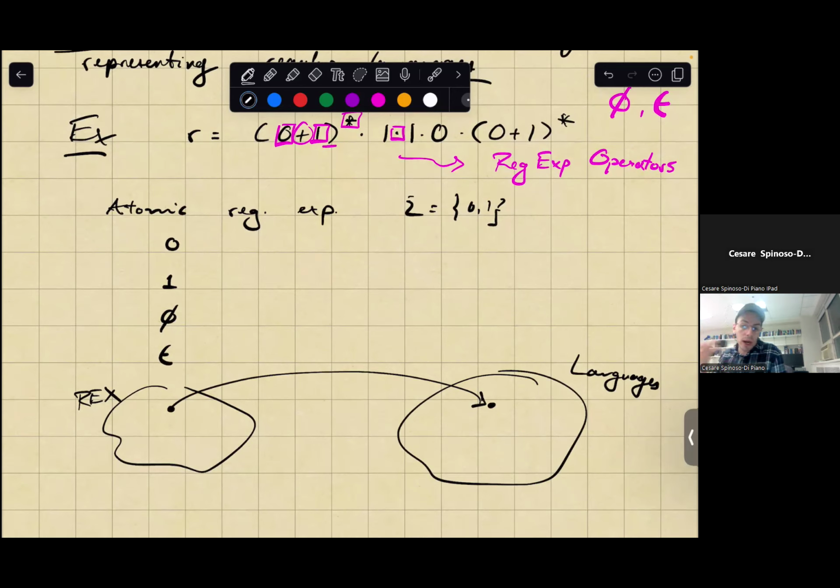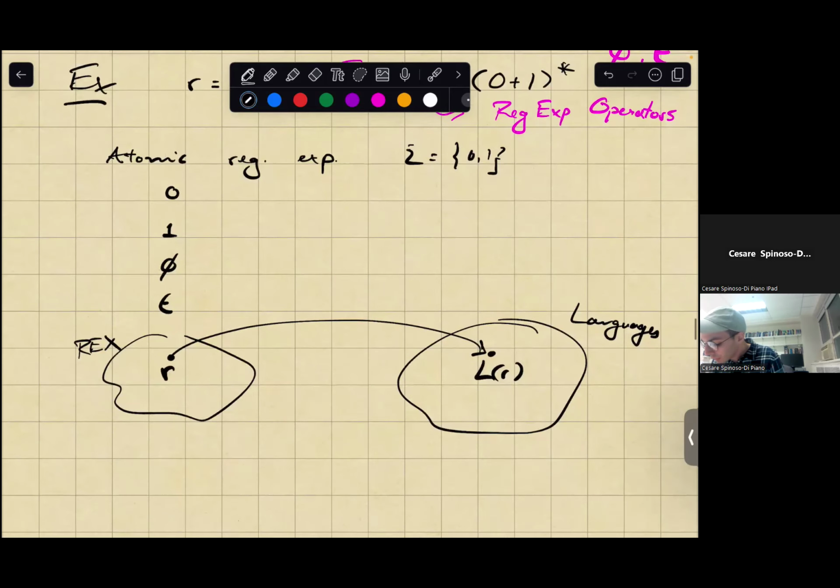The way I like to denote regular expressions and the languages they denote is, R is the regular expression, and L of R is the language. So this is the language described or denoted or represented by R. Note, regular expressions don't accept. Regular expressions are not language acceptors. They're compact representations of languages.